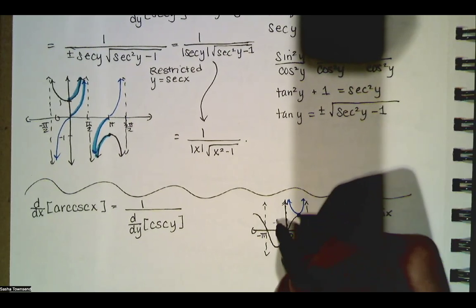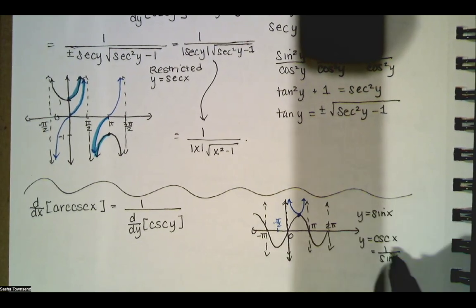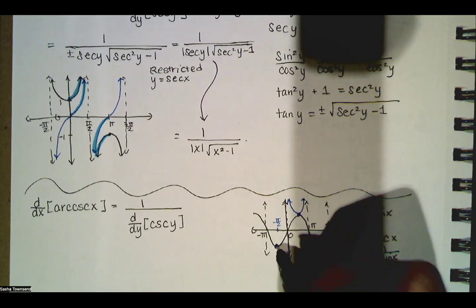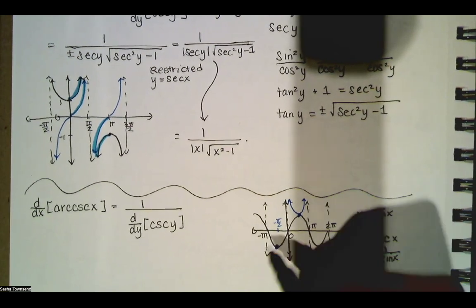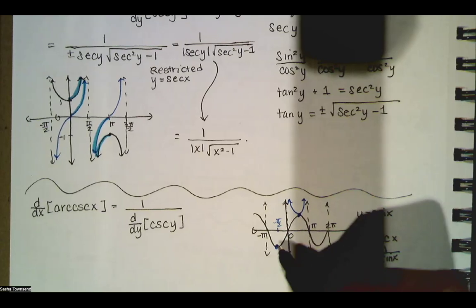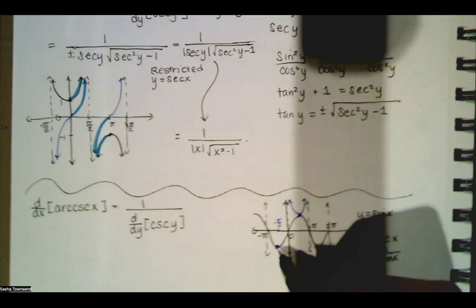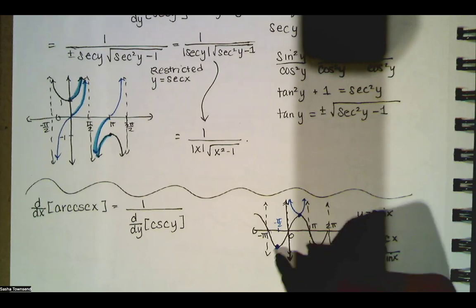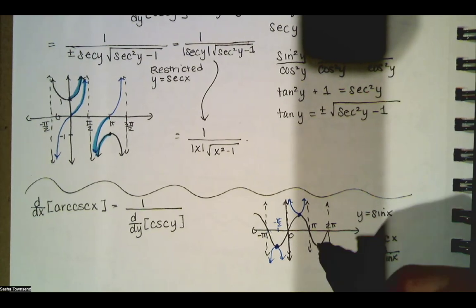Now, at negative pi over 2, sine of x is negative 1, so 1 divided by negative 1 gives us negative 1 for the cosecant of x at negative pi over 2. And then as we approach negative pi and 0 from the right and left respectively, we're going to have 1 divided by a tiny negative number, because the y values on the graph of the sine are tiny negative numbers at that point. 1 divided by a tiny negative number is a large negative number. So we get that sort of U shape again, and of course, this thing repeats itself.